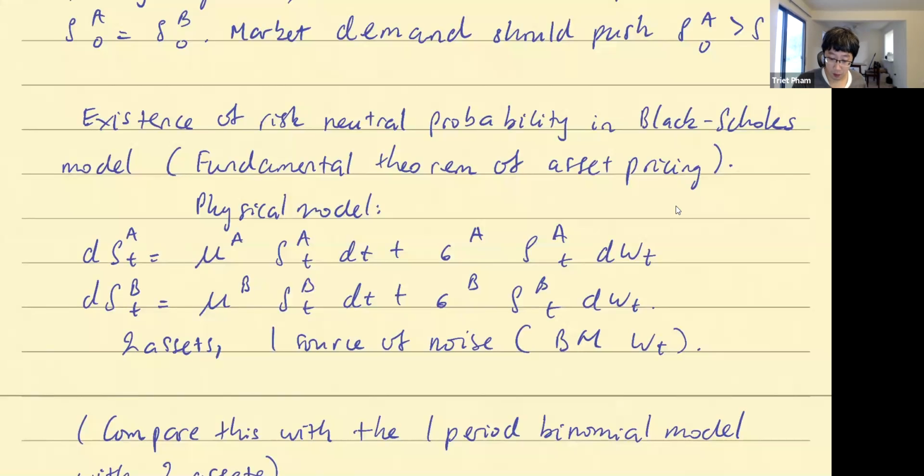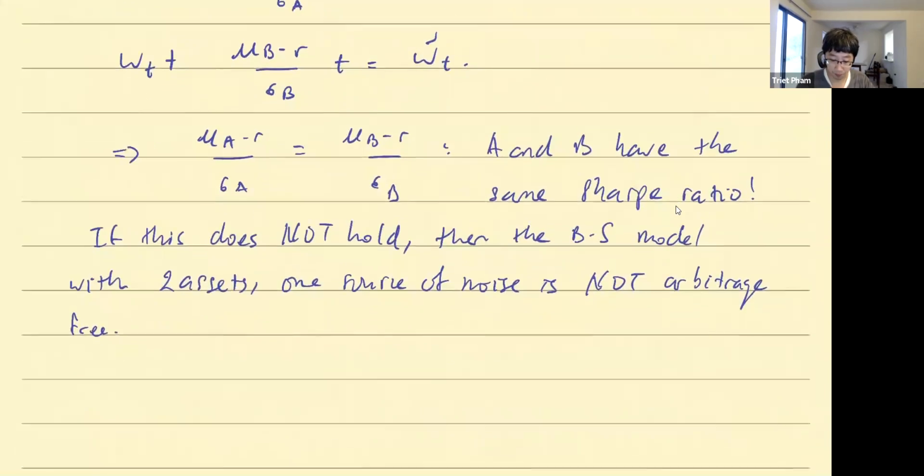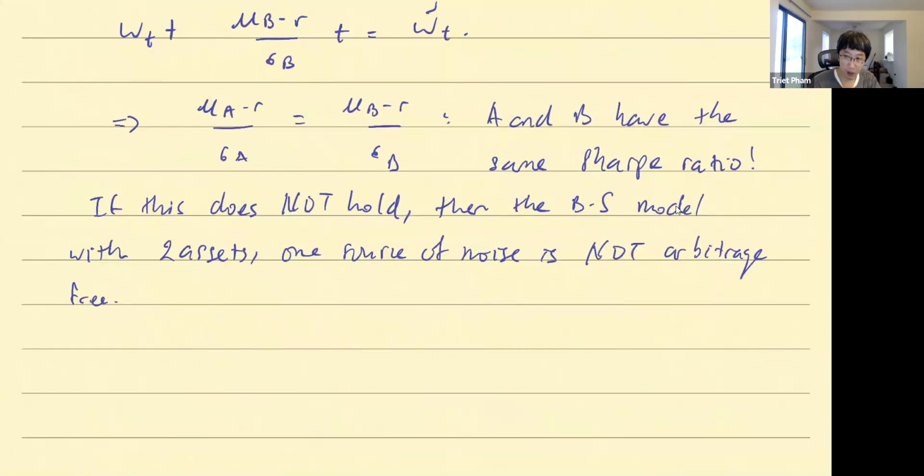To avoid arbitrage, these two companies better be the same in terms of their risk factor. That's what it says, and that makes perfect sense. Now, what's the way out, or what other model can we propose?